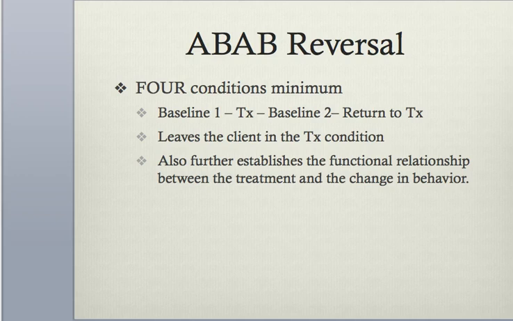So you'll have a baseline 1, treatment, baseline 2, and then a return to treatment so that we leave our client in the treatment condition. This also further establishes the functional relationship between treatment and the change in behavior because you get one more reversal from the second baseline back to treatment again.